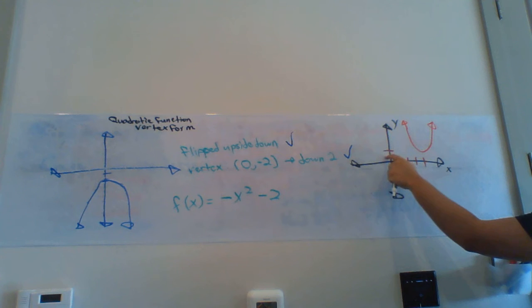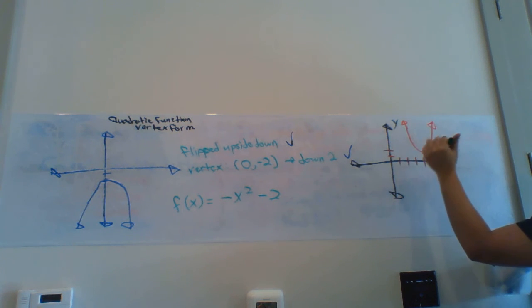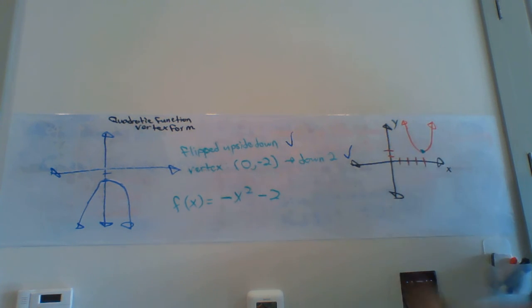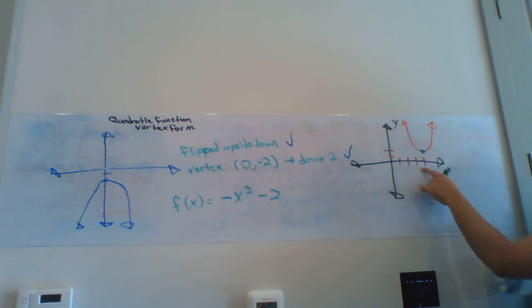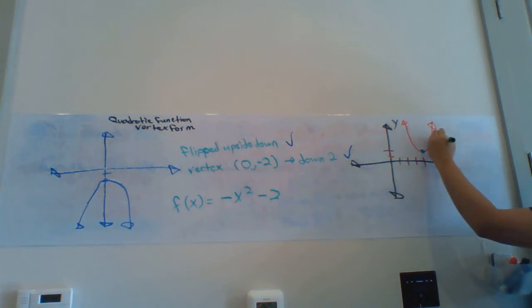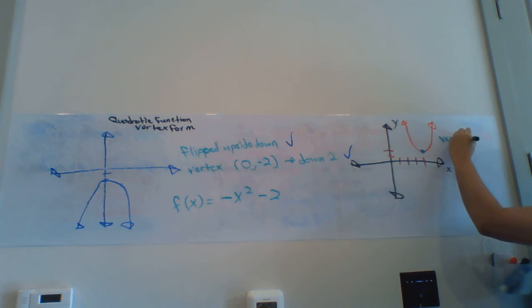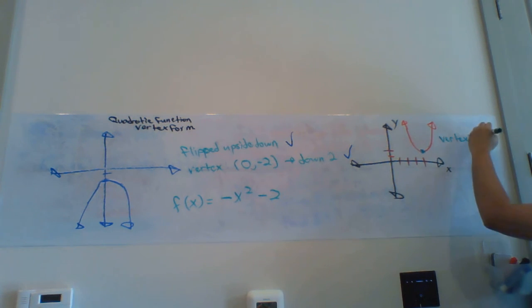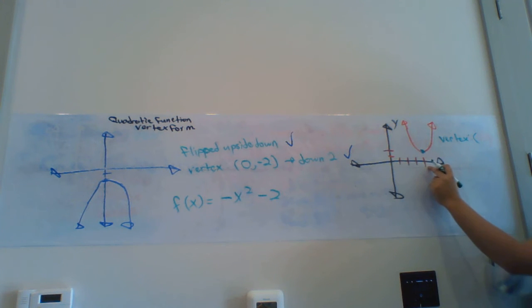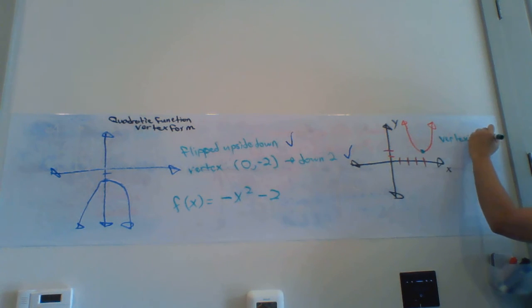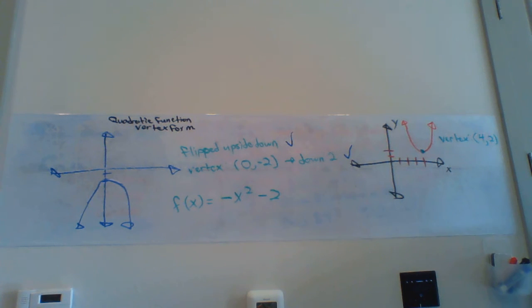We see that it moves up 2. If we look at the vertex, right? If you find the coordinates of the vertex, it'll be to the right 4 and up 2. So vertex has the coordinates 4, 2. Not too bad.